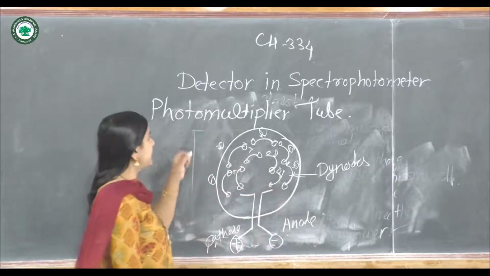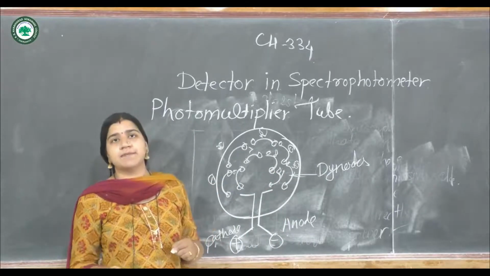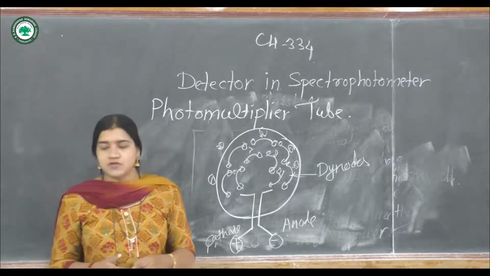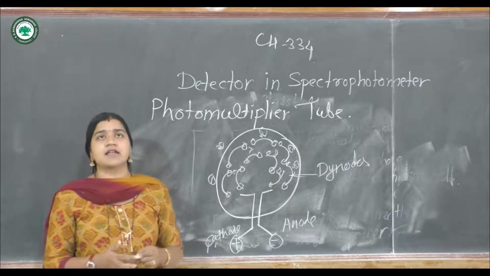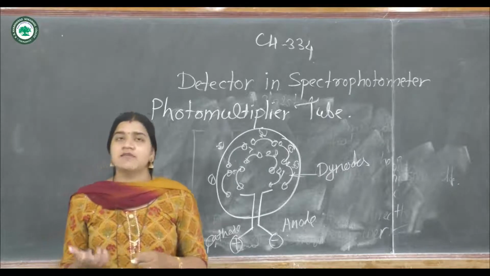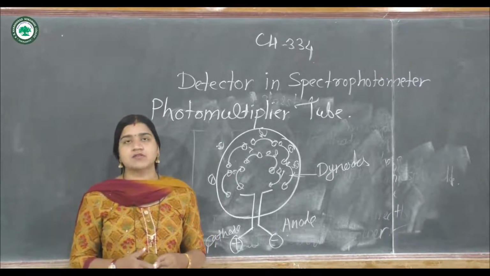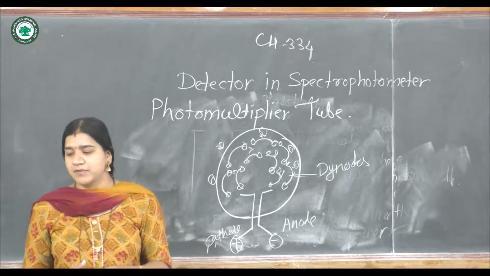So photomultiplier, as the name indicates, multiplies. It multiplies the number of electrons. All these are enclosed in an evacuated glass tube, and the photoemissive cathode is in the form of a metal plate.